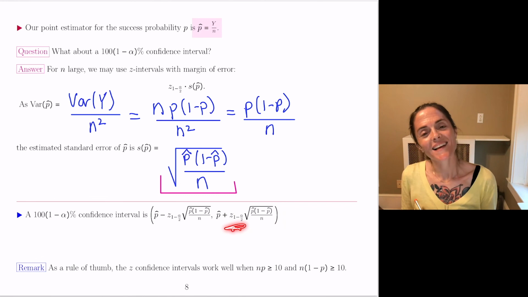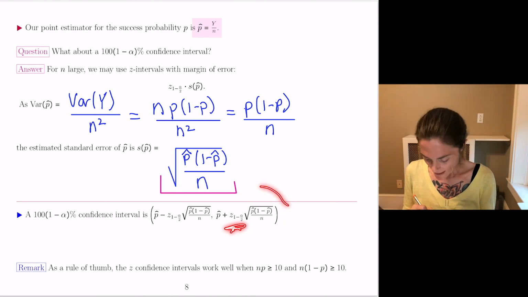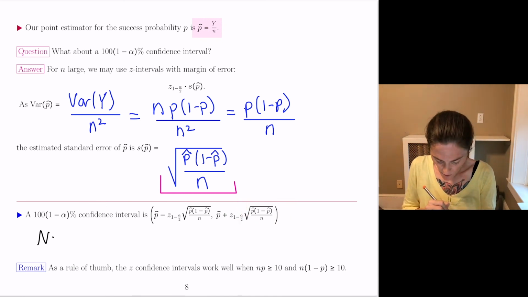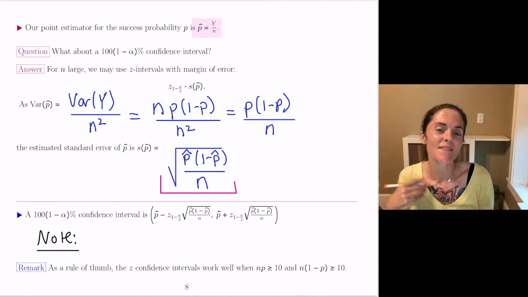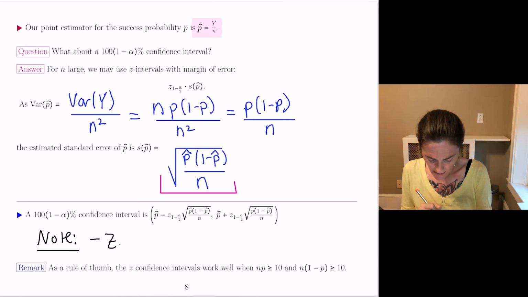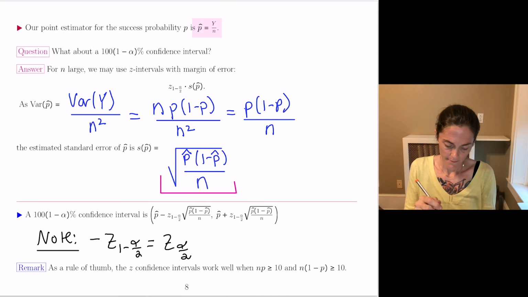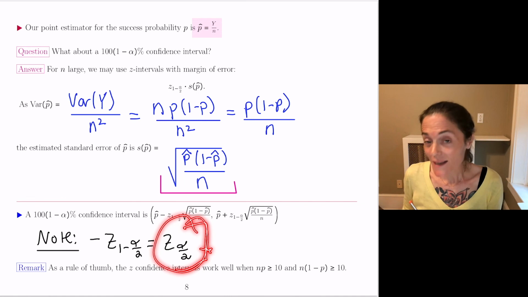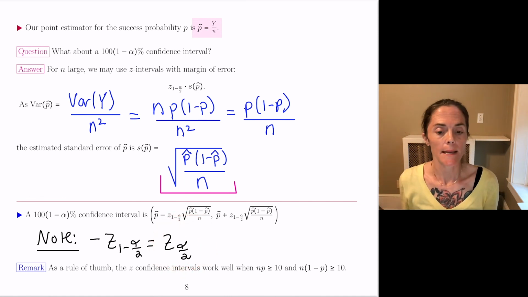We have the quantile coming from the standard normal distribution. We have the estimated standard error of the point estimator. Maybe my note, because sometimes this is how we will type it into R, because of the symmetry of the standard normal distribution, this minus z sub 1 minus alpha over 2 is just this here. Sometimes you will see me use this in my R commands for simplicity.